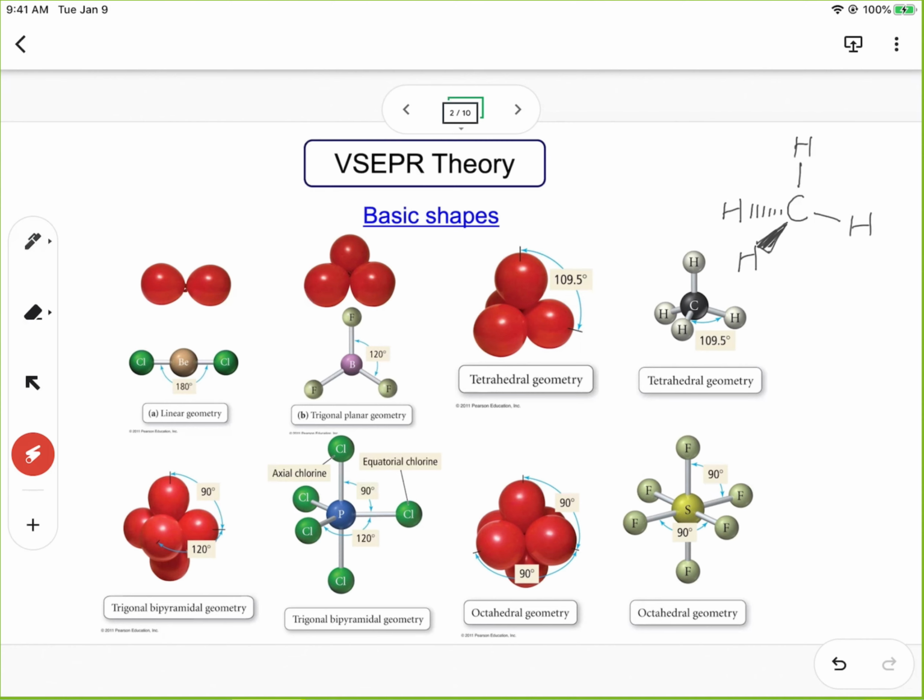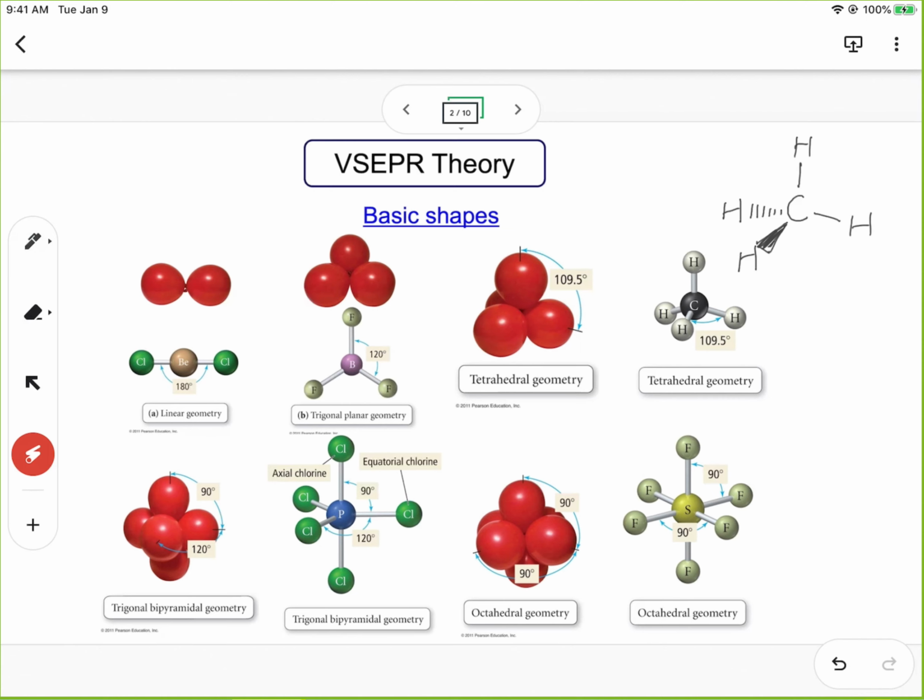So you have 90 degrees also here for these two. Same thing here for this chlorine. It is also perpendicular to this PCl bond, this PCl bond, and this PCl bond. Again, so you would have 90 degrees for this bond angle, this bond angle, and that bond angle. So this is 90 degrees.